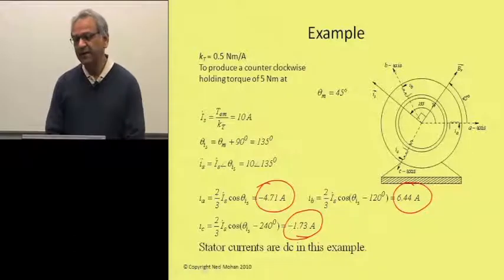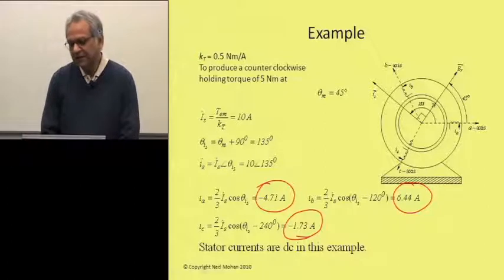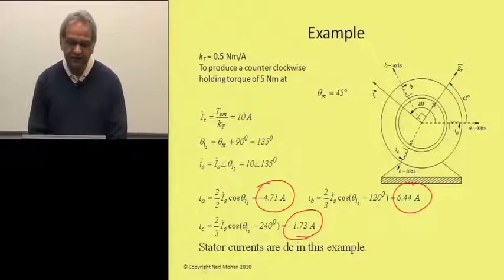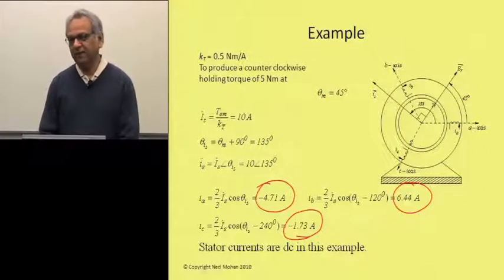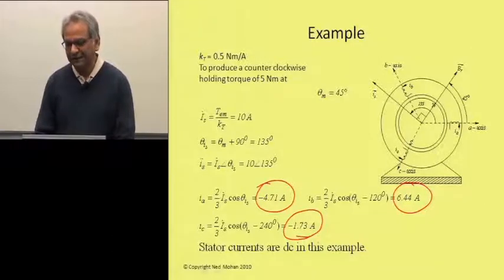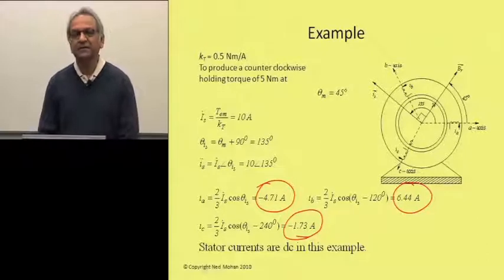So it's a PMAC machine, but you can also see the power of space vectors, that they work with DC quantities, because the sinusoidal distribution comes from the fact that these windings are sinusoidally distributed.